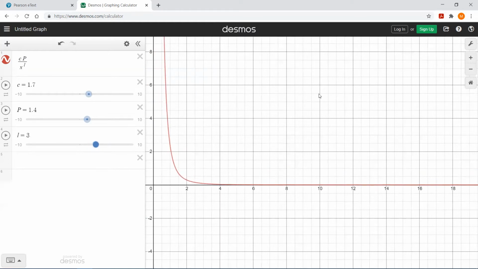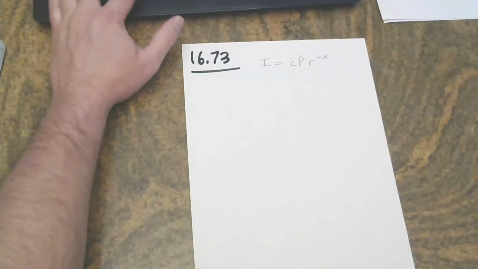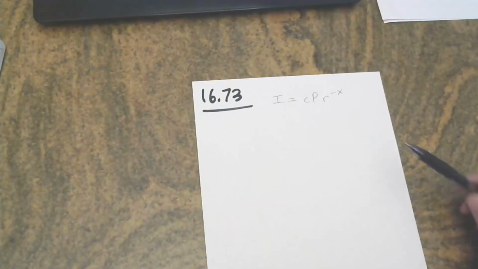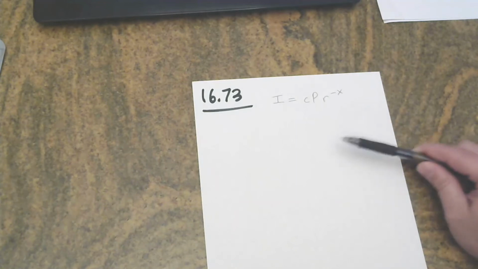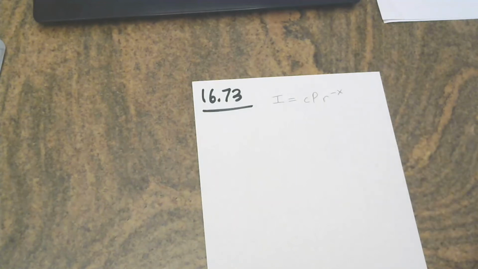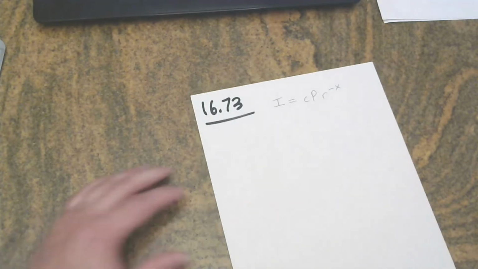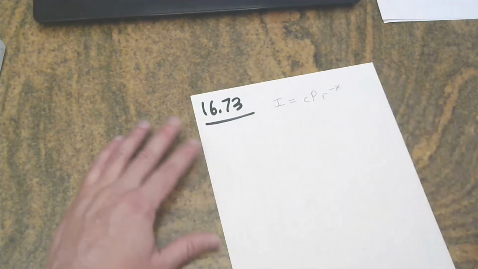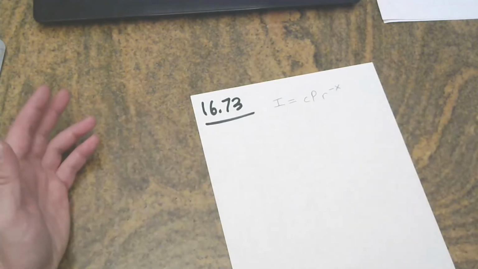So now let's look at the algebra. What we would like to do is turn this equation into an equation that has the form of the equation of a line, because then we can plot that line in Excel, do a best fit and extract information from that. So the best way to undo an exponential function, or to get rid of that exponent, is to take the log, right?